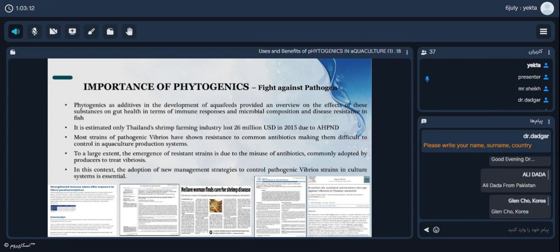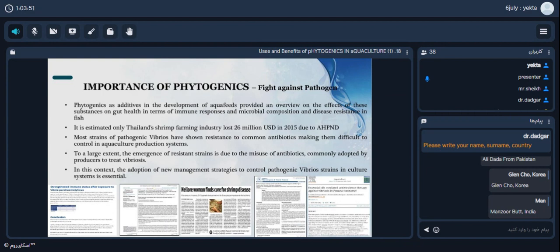So this is the fight against pathogen under the importance. There is so much work ongoing, and also has been done, as I explained to you, since the 90s. It started, and because the loss is high, more funding is coming, and many scientists are working all over the world. New concepts, new findings are coming, and it's showing that it is working against virus, bacteria, fungus, all kinds of pathogen, either alone or in blend.